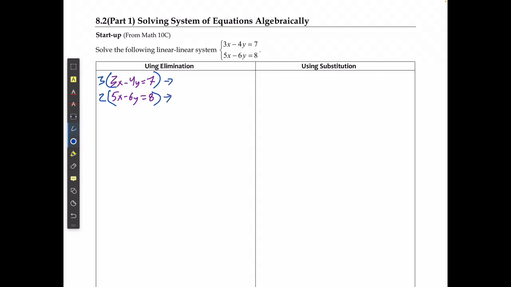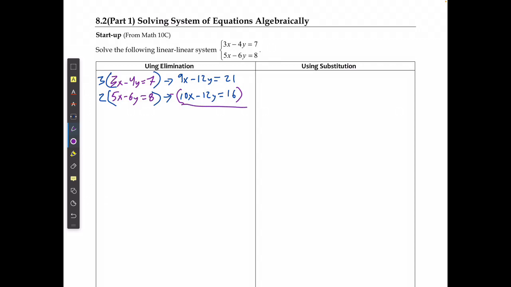So when I do that, what I get is 9x minus 12y is equal to 21, and 10x minus 12y is equal to 16. Now that the y's match and they have the same sign, they're both negative, I'm going to subtract the equations from each other vertically in order to cancel out the y's.